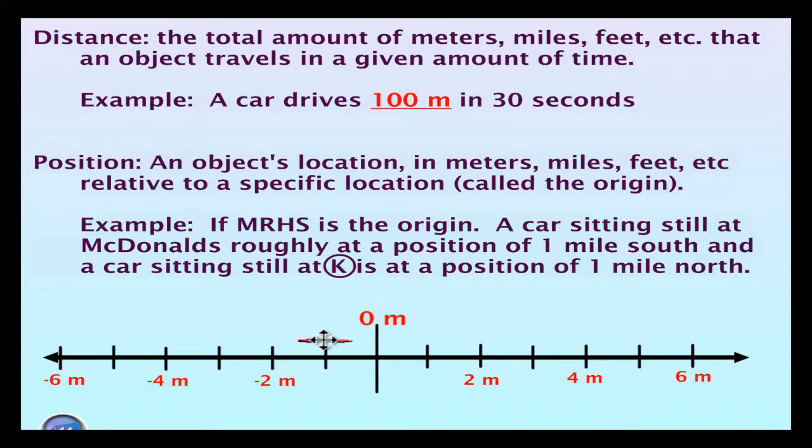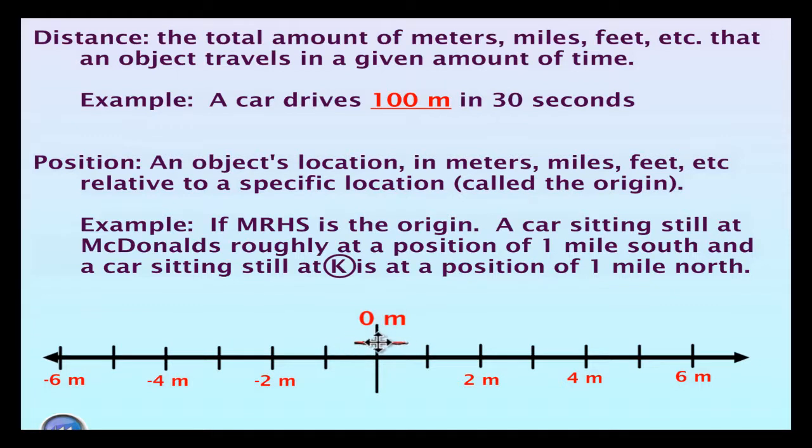Again, if I start at this -1 and go from this position to here, to -3 meters, now I'm at a position of -3 meters, and my change in position is now -2 meters, because I started at -1 and went to -3, so I went to the left 2 meters, a change of -2 meters.